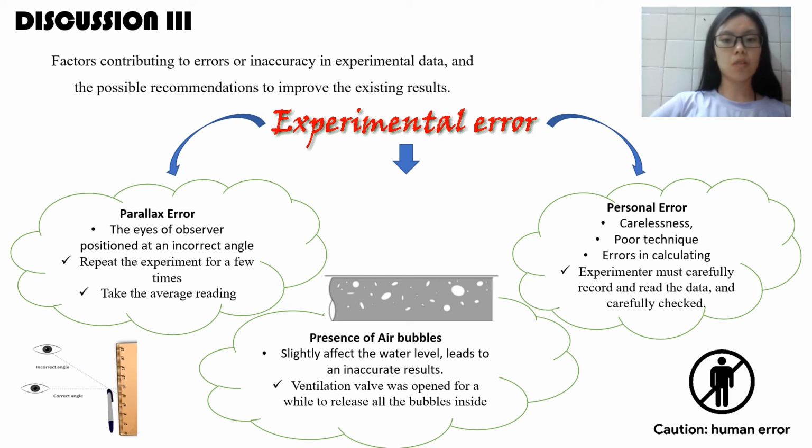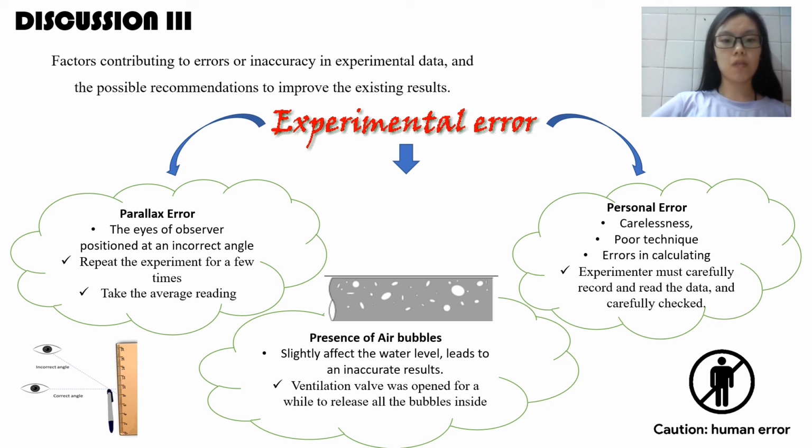To improve the results, repeat the experiment a few times and take the average reading, since the average reading will be closer to the actual reading. Secondly, the presence of air bubbles in the pipe or in the tube may influence the data from the experiment. Air bubbles in the flowing medium often affect the performance of the working system.